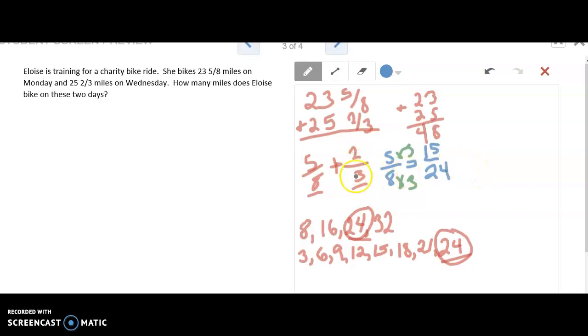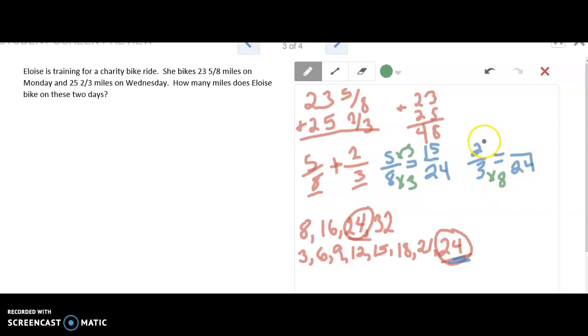Let's now talk about our 2/3. We need to make 2/3 an equivalent fraction with 24 as the denominator. Remember, 24 is our LCD. So in order to get from 3 to 24, I need to multiply 3 times, well, let's see here. 1, 2, 3, 4, 5, 6, 7, 8. 3 times 8 is 24.